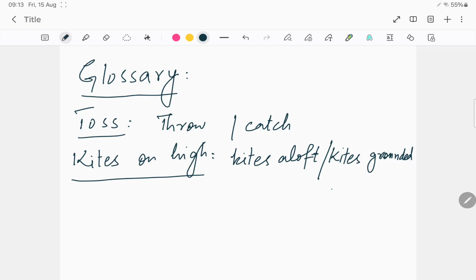Well, the third phrase, actually I have added a few words apart from the glossary that is given in your book. So the third phrase I have here is blow the birds about the sky.